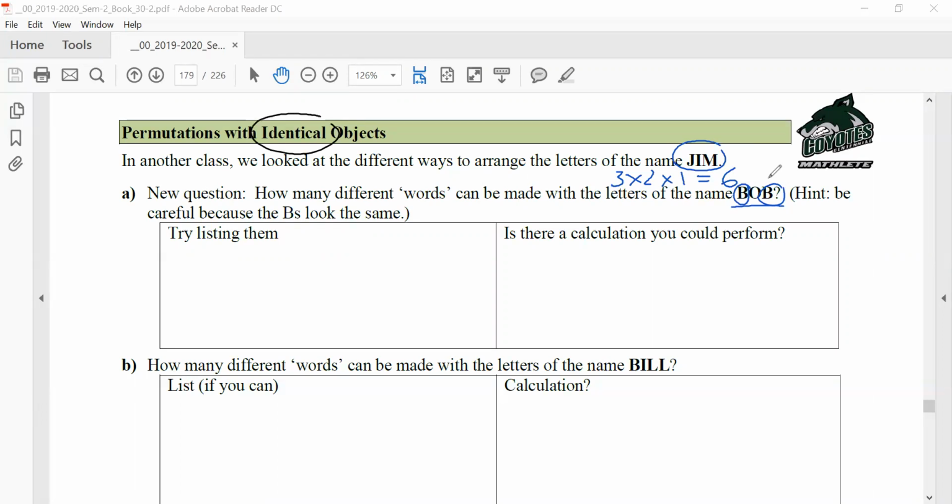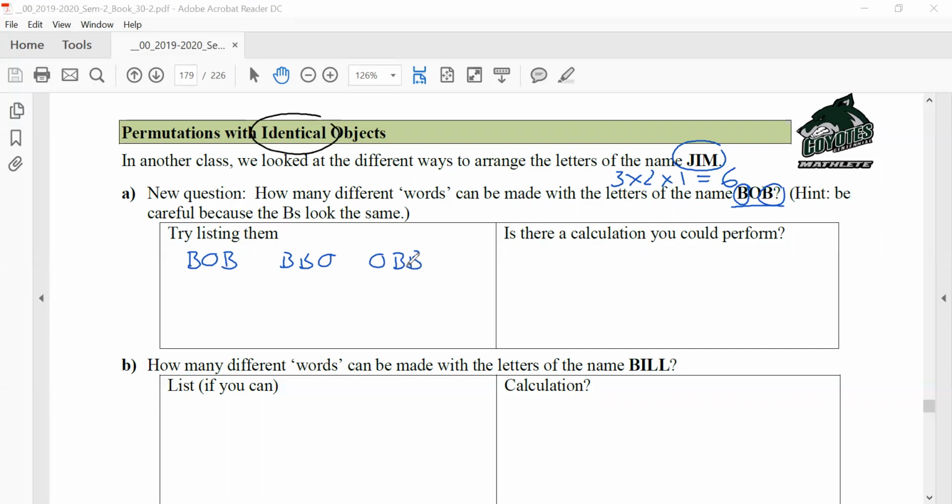So if I try to list out all the unique ways that I could spell Bob, that's it. I've only got 3 ways. Even though there are 3 letters, there are only 3 ways. So I've got to figure out a calculation for this.